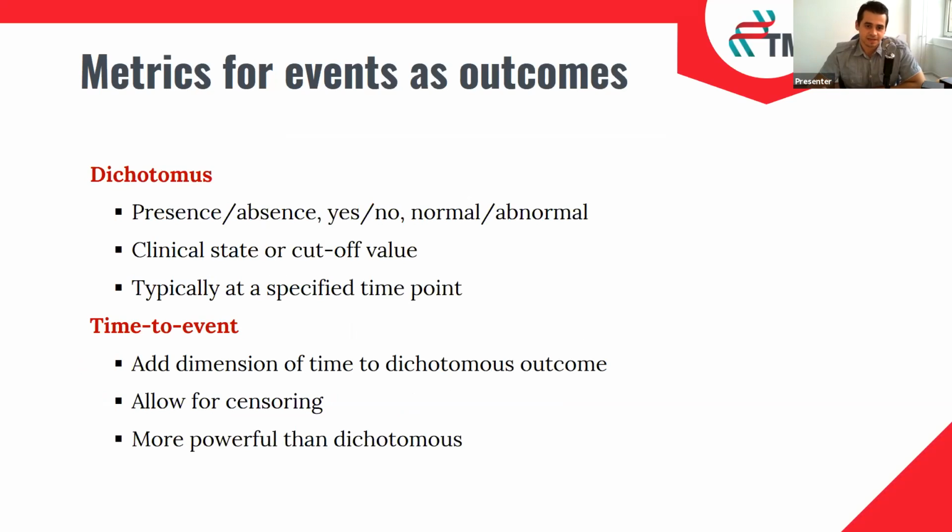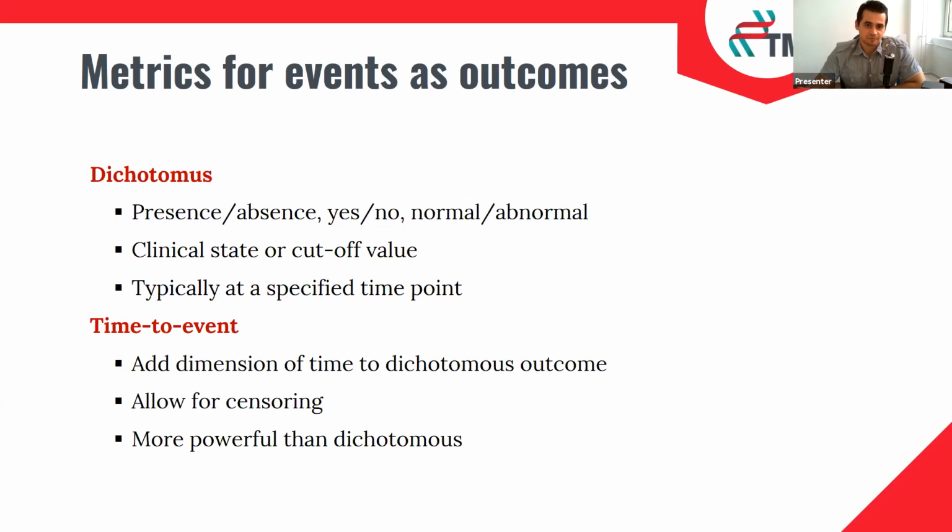It's rather a clinical state, or if you are talking about a continuous variable, you can estimate a cutoff value above which you say that this will be a presence of the condition. So basically, you can make a continuous variable into a dichotomous variable. Typically, the dichotomous variables are assessed at the specified time point.